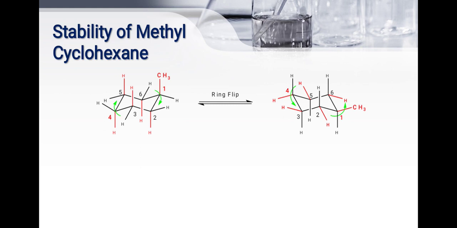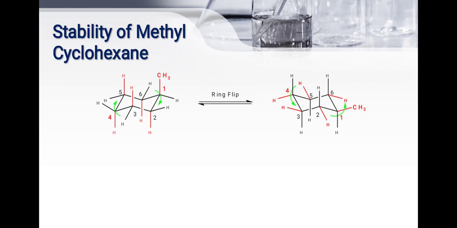Then see the stability of methyl cyclohexane. This is the cyclohexane ring. Here the methyl group is present at the first carbon. When the ring gets flipped, as already discussed about ring flipping, the first carbon goes to the position of second, second goes to the position of third, third to fourth, fourth to fifth, fifth to sixth, and sixth goes to the position of first carbon.